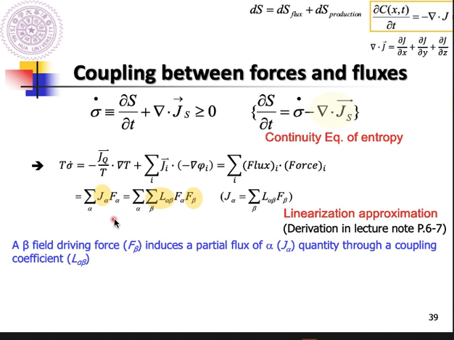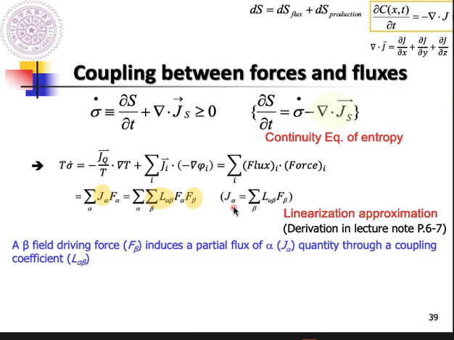And then what is J? It is the flux of entities, right? When two or more driving forces exist, what is the relationship between this flux and the other driving forces? We get a relationship we call the linear approximation, which can be expressed like this.